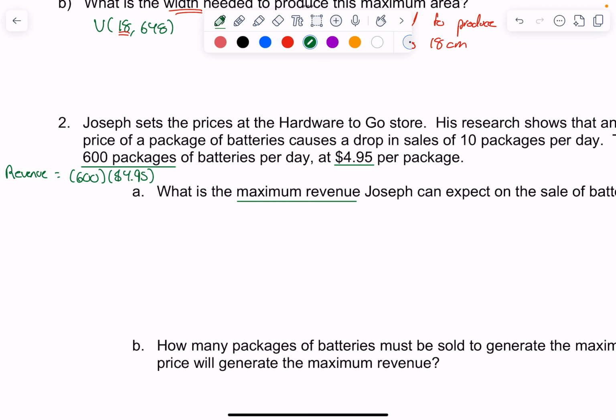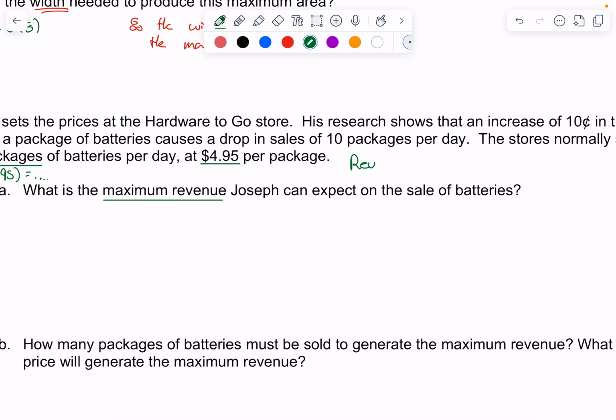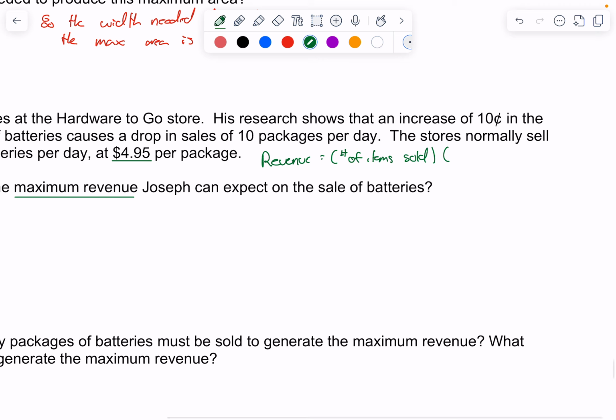All right? Whatever that equals, that is revenue. It's your basic formula: revenue equals number of items sold times the price of the items.